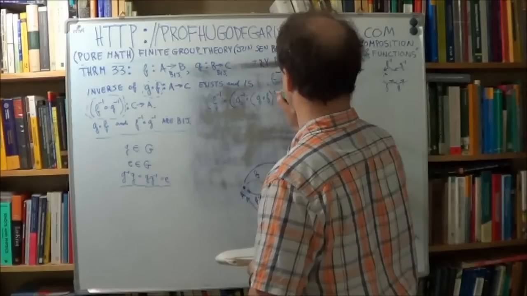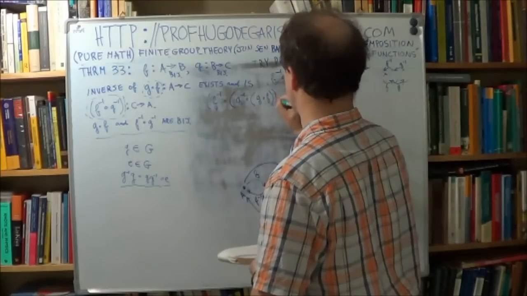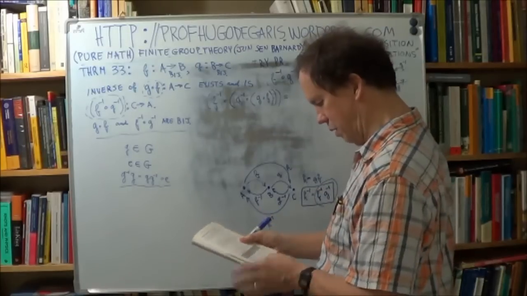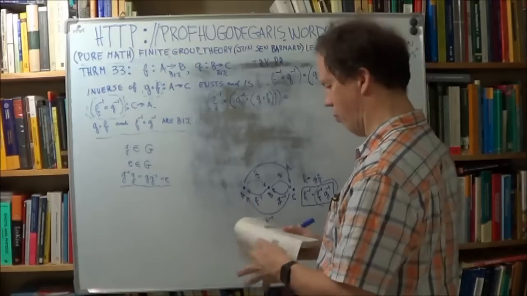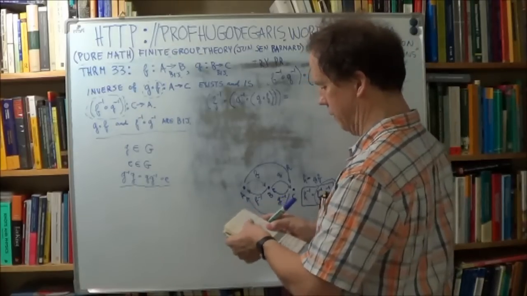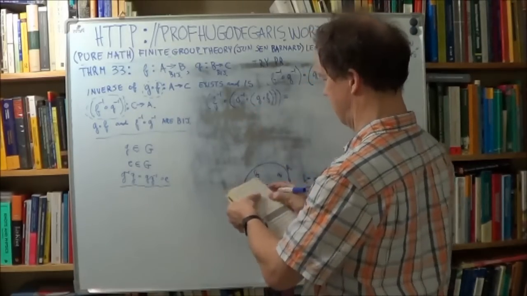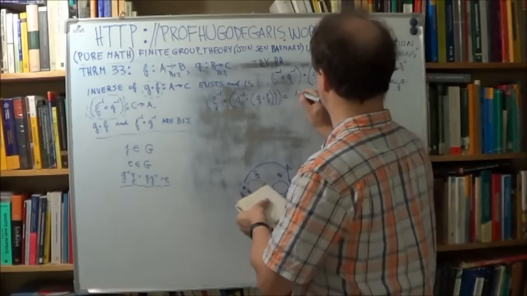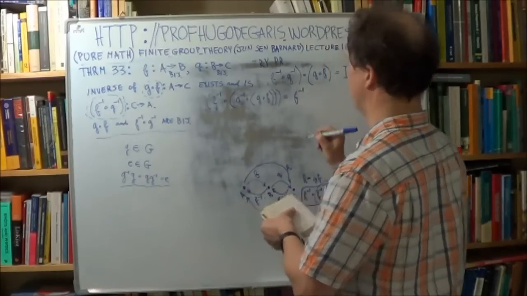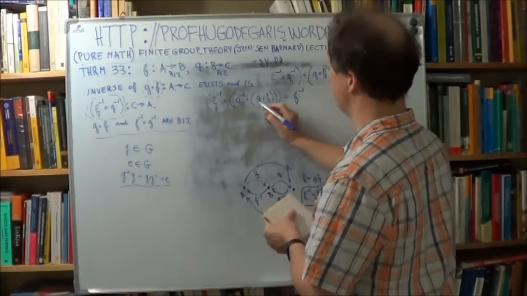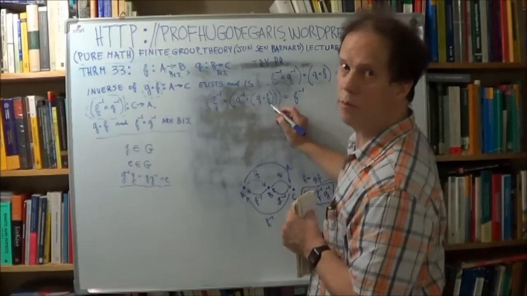I think this is right. Just check the text. So far so good. Now here we have three functions, and we can assume associativity.